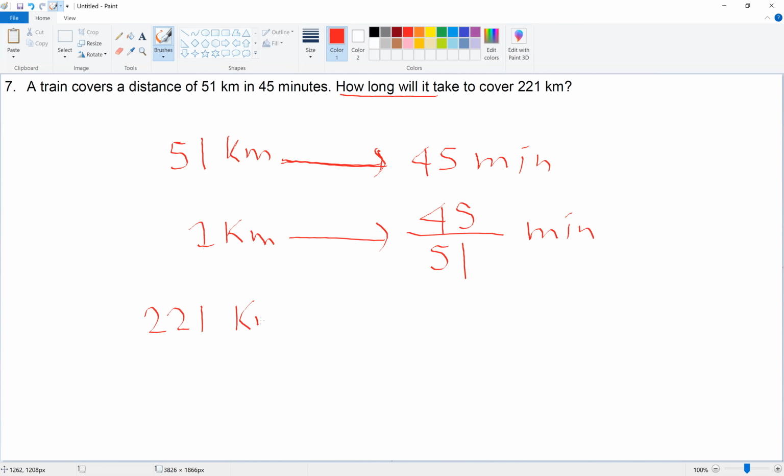I wouldn't divide yet. So 221 would be this, over 15. Divide by 3. So 17, 15. And this is divisible, 51, which is 3. So it's 15 times 13.